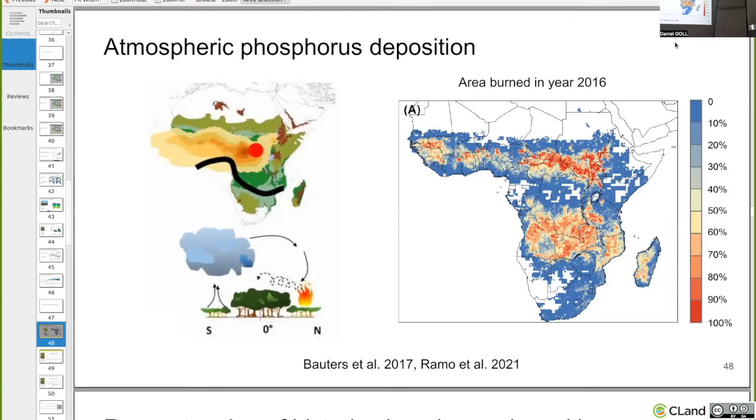So they're burned frequently, and the prevailing winds happen to be such that when there's a savanna fire, they blow the dust, which also contains nutrients in the particles emitted from the burning of biomass, onto the moist tropical forests in Central Africa.